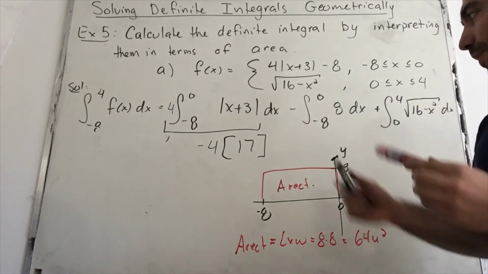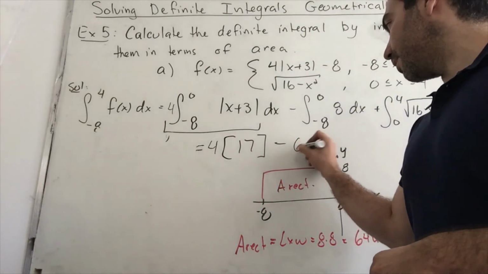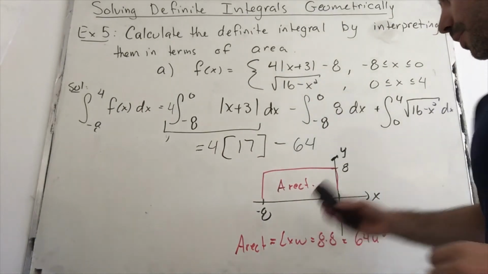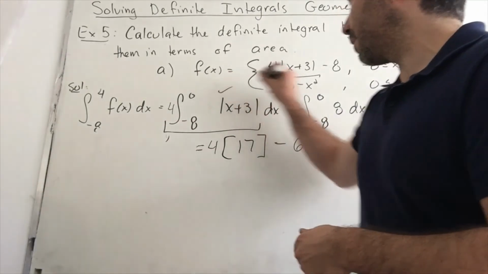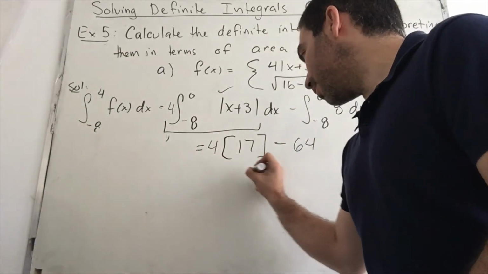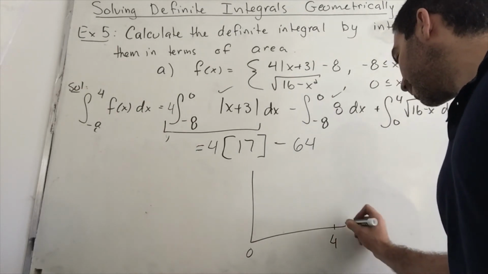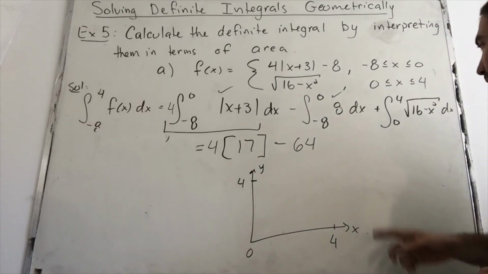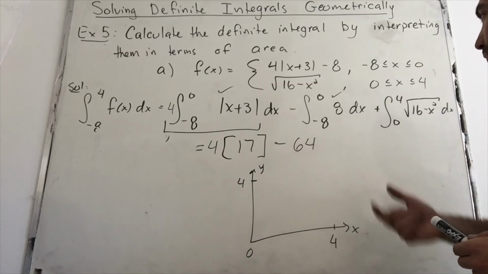Okay, so over here we're going to have minus, so this is an equal sign. This answer minus 64. And now lastly we'll do the last part, the third region. So we did the first piece, we did the second piece, and we have the last piece over here. The last piece, if we sketch it, is on the interval from 0 to 4. And it's the square root of 16 minus x squared, so we know this becomes a circle of radius 4.